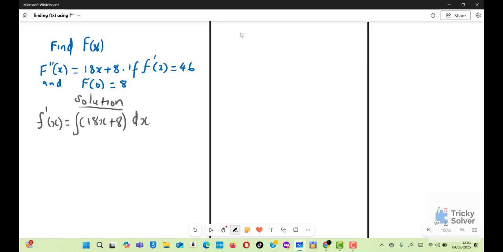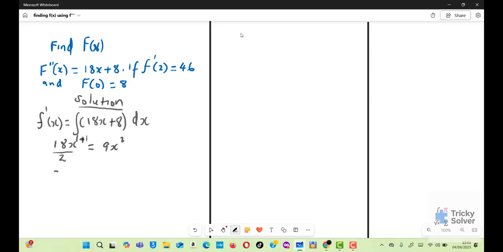Starting with 18x, we're integrating a power of x. You add 1 to the power, then divide by the new power. So for 18x, the power here is 1. We add 1, so the new power is 1 plus 1, which is 2, and divide by it. In this case, we get 9x squared.